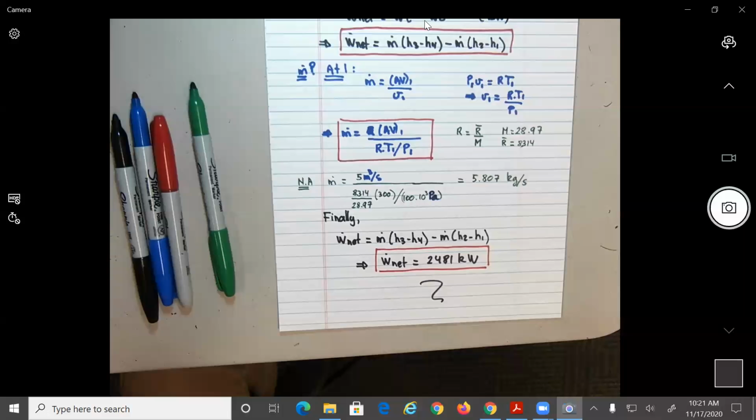So here guys, one thing, this R is not 8,314, it is 8.314. So this is 8.314 and that gives you the 5.807. All right, and it gives you a net power.